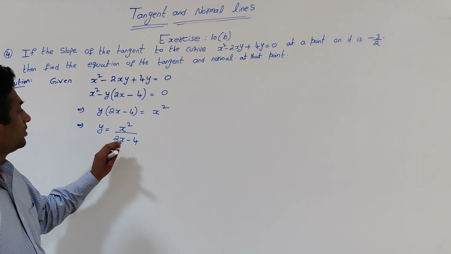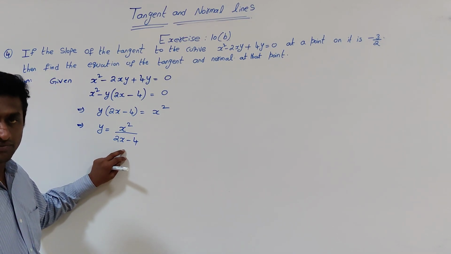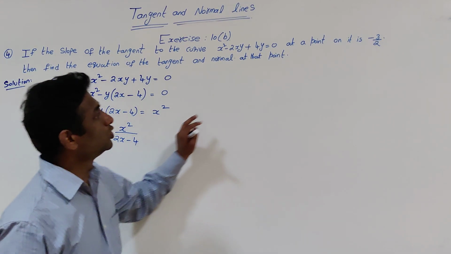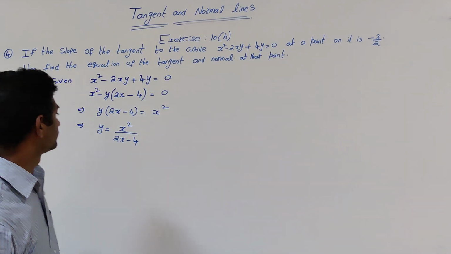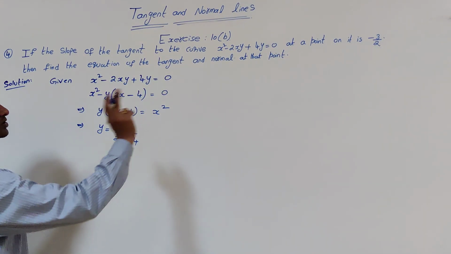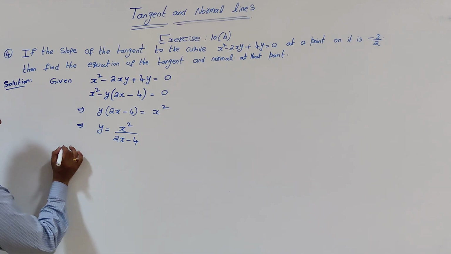Now we have to find a point on this curve whose slope will be minus 3 by 2. In order to find the slope, we have to differentiate the curve.